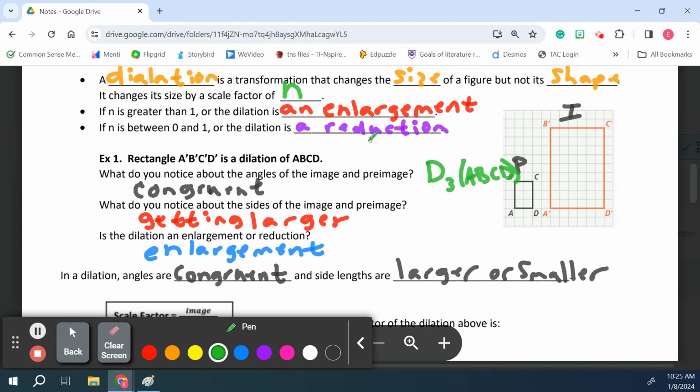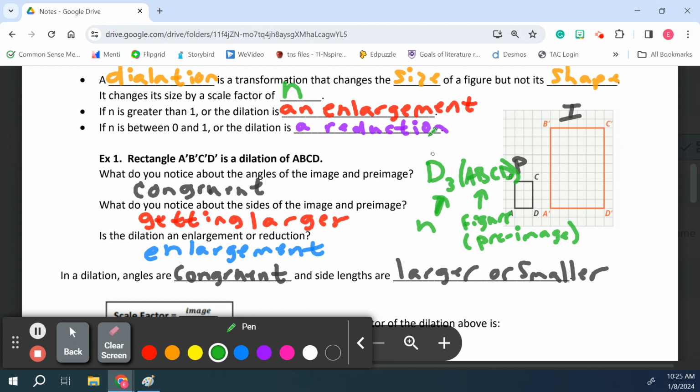This is an enlargement because this 3 right here is our n, so that's the scale factor that we're multiplying by. And this is the figure, or in this case, your pre-image. Image, point, what have you.